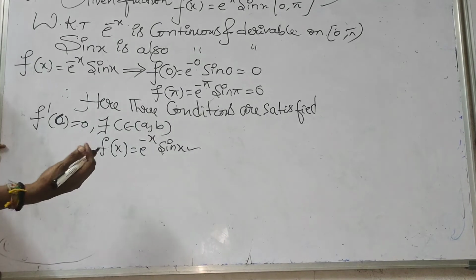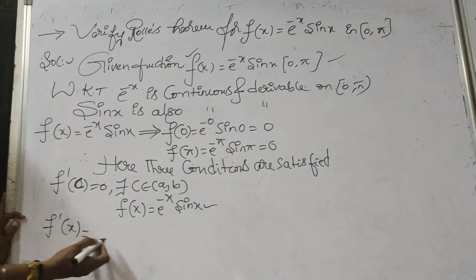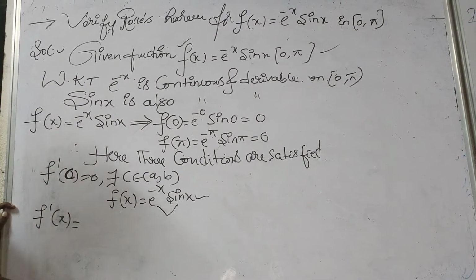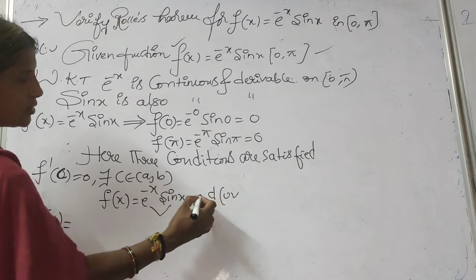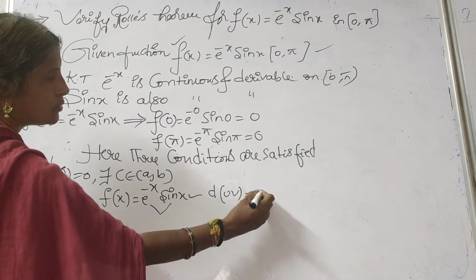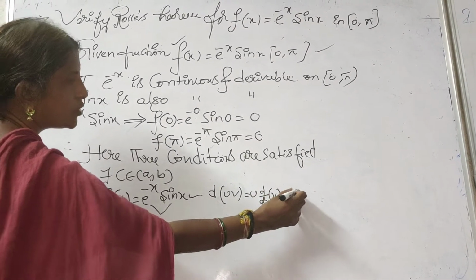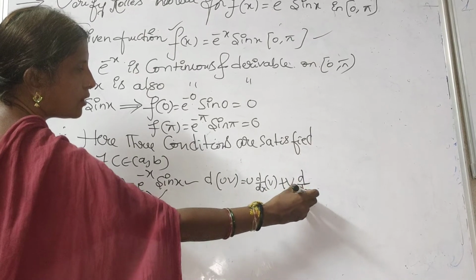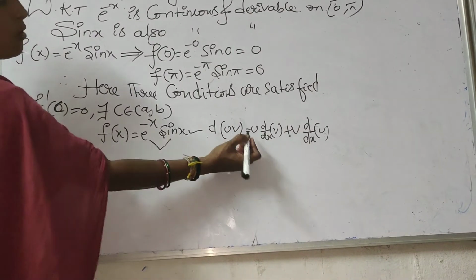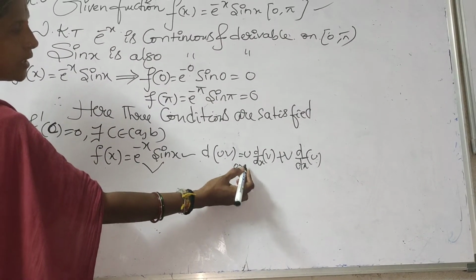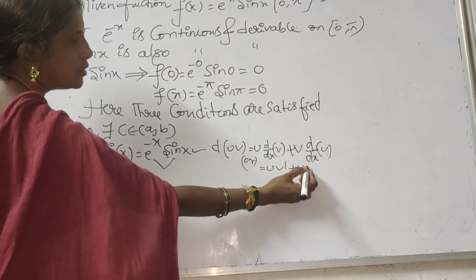Now, differentiating this, f dash of x equals, here applying the UV rule, I mean differentiation of UV. What is the differentiation of UV? U into d by dx of v plus v into d by dx of u. That is u into v dash plus v into u dash.